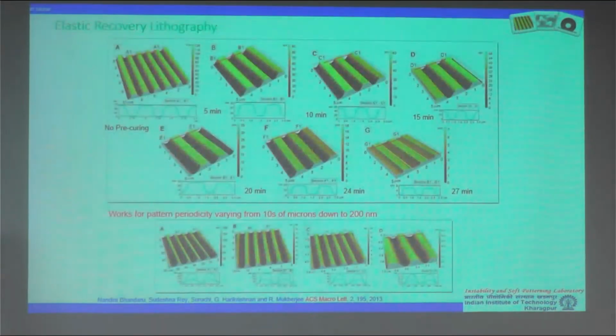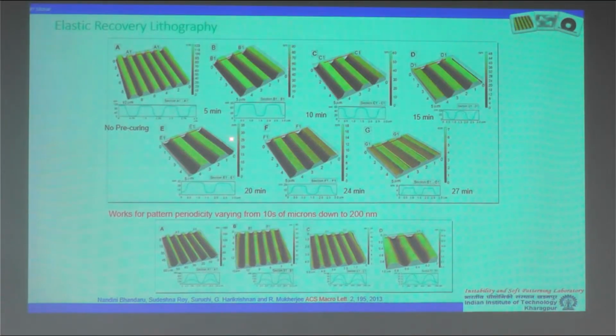And what we could achieve is, again, the results are very convincing because we had an AFM. You now see that you can create structures which have the same line grating geometry, but each one has different feature height. And what is the trick?